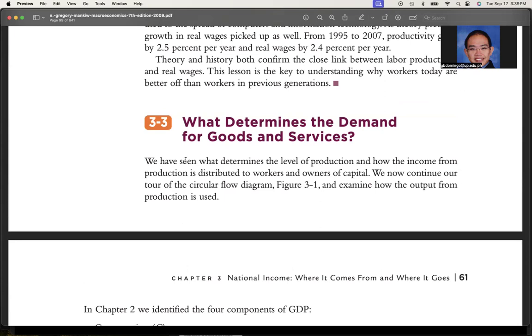So now we will go to the expenditure side, from output to how the production is used. As a recap, what determines the level of production is technology and inputs, and an assumption that in the long run, all inputs are effectively and efficiently used, and therefore Y happens to be the limit of what technology will give us, or GDP.